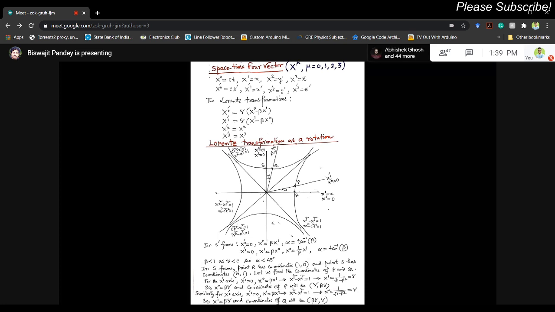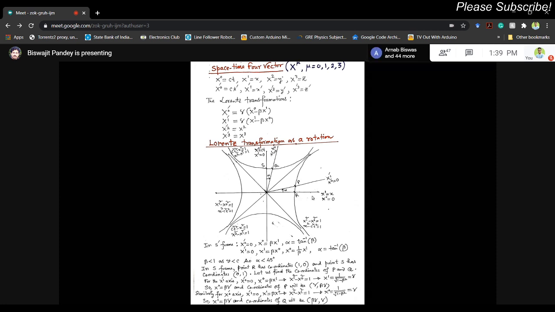And we want to see what the space-time axes are in the primed frame. To get that, we have to understand what happens when we apply the Lorentz transformation. What is x0 prime? x0 prime is nothing but the time in the primed frame, the new frame. x1 prime is nothing but the space axis, that is the x axis in the primed frame.